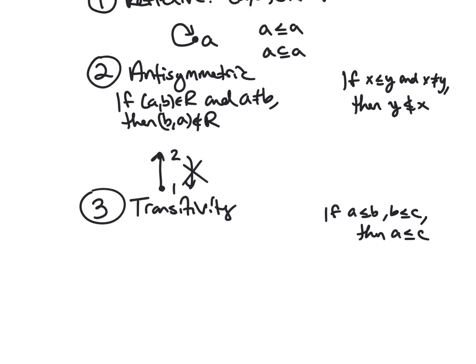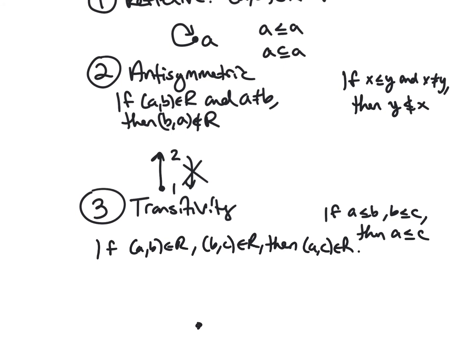And so that's the last property, and this is just written: if (a, b) is in R and (b, c) is in R, then (a, c) is also in R. Basically, what we saw again with 1, 2, and 3, there's an arrow from 1 to 2, there's an arrow from 2 to 3, there was also then guaranteed to be an arrow from 1 to 3. Okay, so all three of these properties must be satisfied, and then we have what's called a partial order.